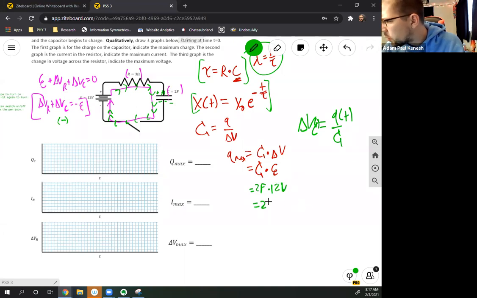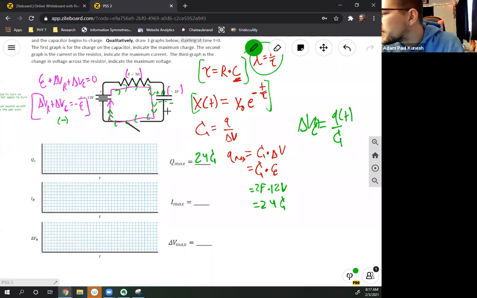That's going to be 24 coulombs. Whoa, that's not a 4, that's a V. 24 coulombs. Okay, cool. That's actually a lot. A 2 farad capacitor is very large. So 24 coulombs is like a ton of electrons or a ton of charges.